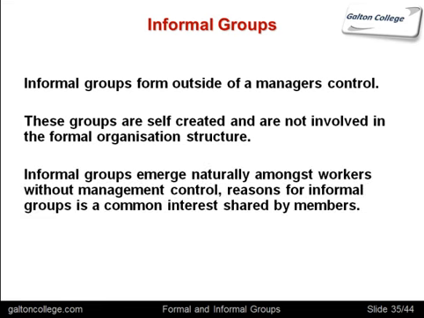They emerge naturally without any management setting it up. It happens. Informal groups simply happen. People get along together. They have a common interest, so they associate with each other on the basis of that common interest.